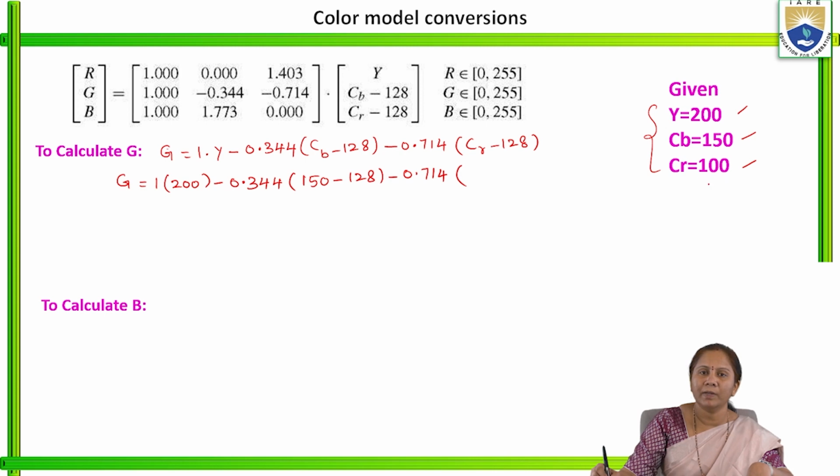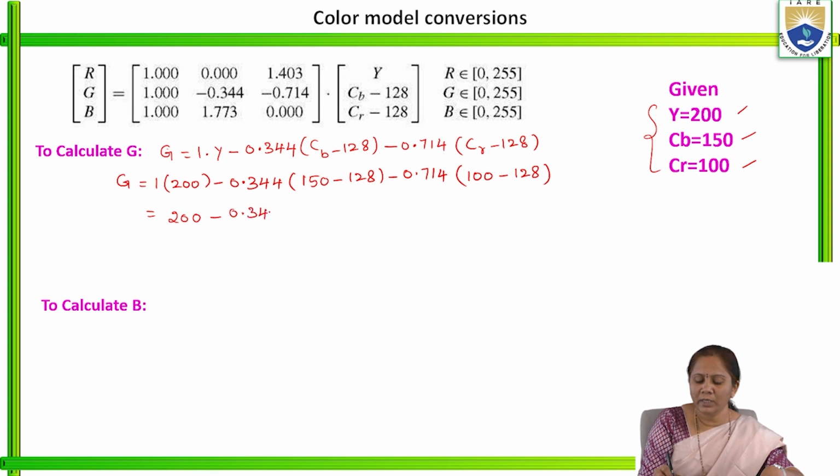Here CR is given as 100, so 100 minus 128. Now simplify this. It becomes 200 minus 0.344 times 22 after the subtraction, minus 0.714 times minus 28.